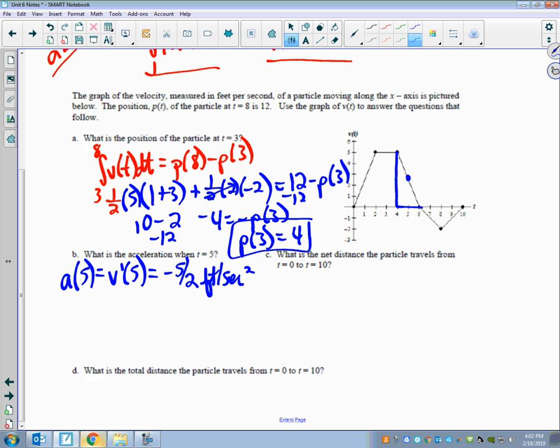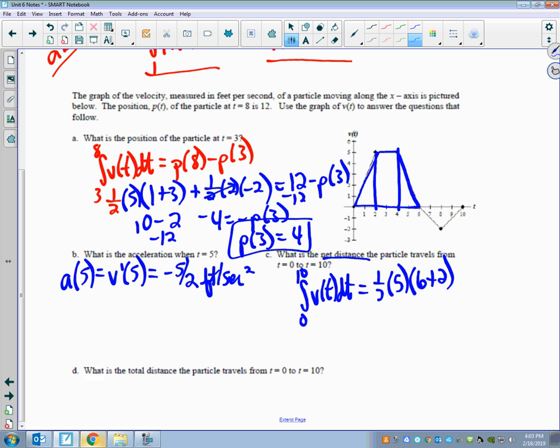Part C says, what is the net distance the particle travels from 0 to 10? So net distance means canceling out the negatives, right? And so the net distance is going to be the integral from 0 to 10 of the velocity function. And then I'm going to do just this big trapezoid, which is going to be 1/2 times the height, which is 5, and the bases are 6 plus 2, plus this triangle, 1, 2, 3, 4, 1/2 times 4 times the height of -2.